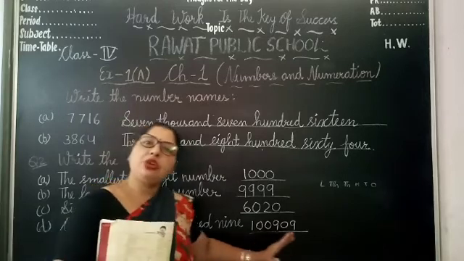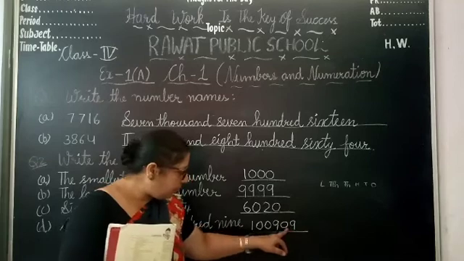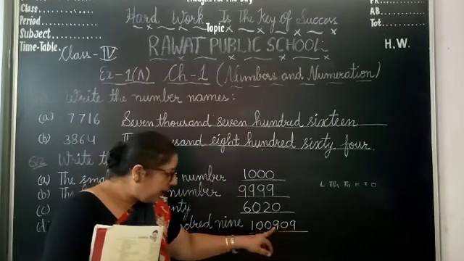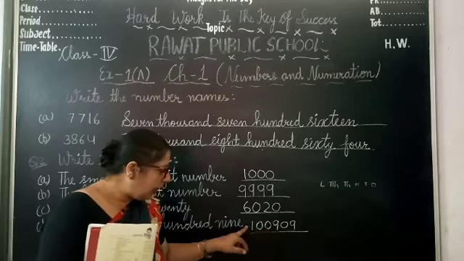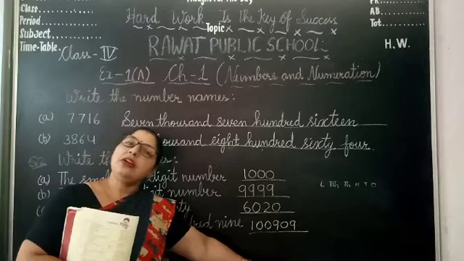This way we put 0, and now this number is a 6-digit number: 1, 2, 3, 4, 5, 6: ones, tens, hundreds, thousands, ten thousands, lakh. See, it started from lakh. In lakh there are 6 digits.